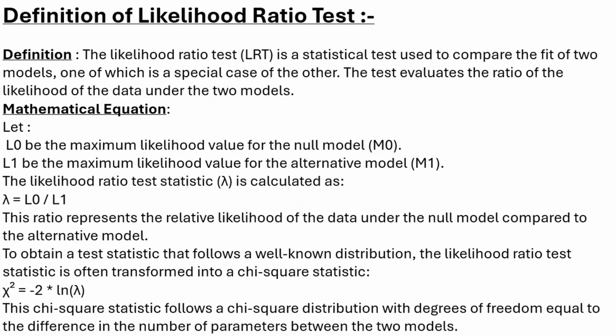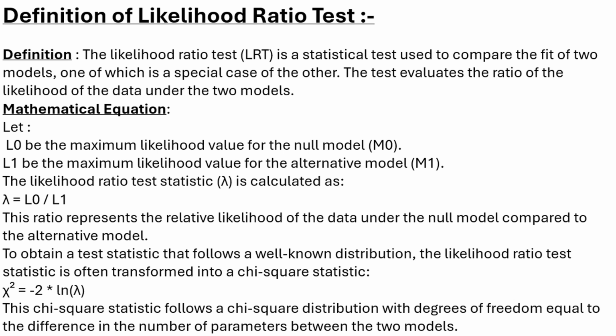So here is the standard definition: a likelihood ratio test is a statistical test used to compare the fit of two different models, one of which is a special case of the other. Here I would emphasize this part of the sentence, where it states that the two models are such that one is a special case of the other.